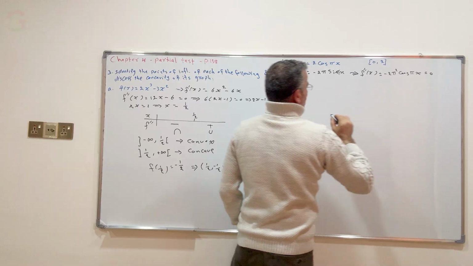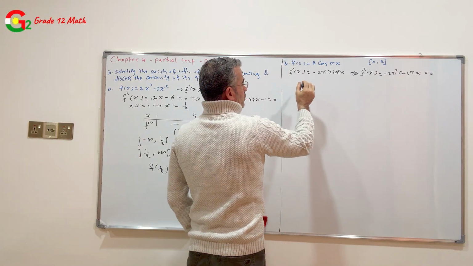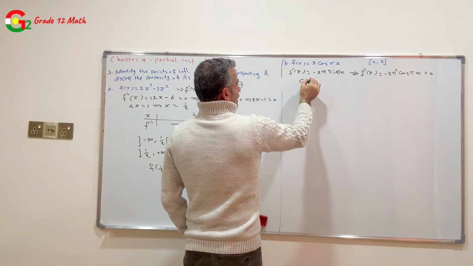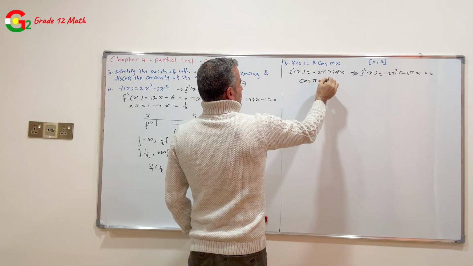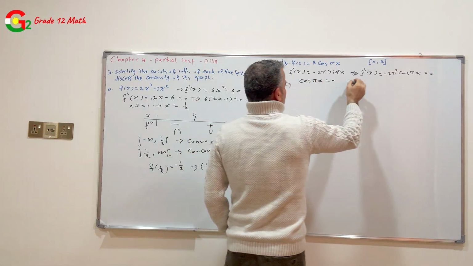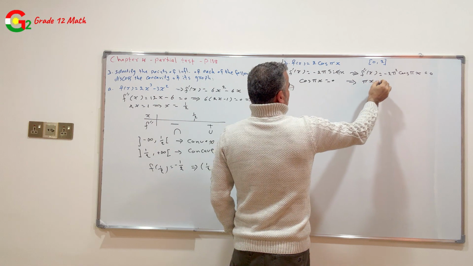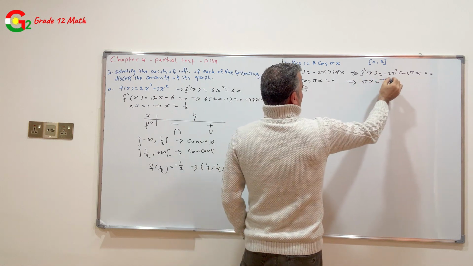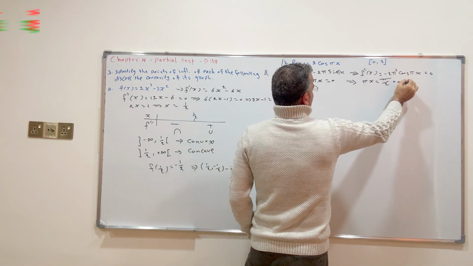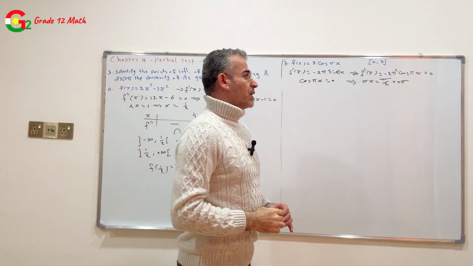Set it equal to 0. Divide both sides by negative pi square. Then cosine pi x equals 0. Set pi x equal to the zeros of cosine, pi over 2 plus n pi, where n is an integer number.